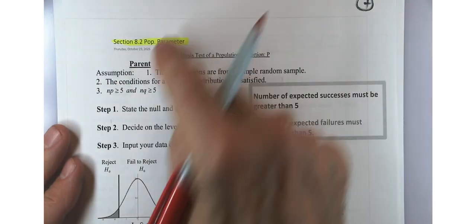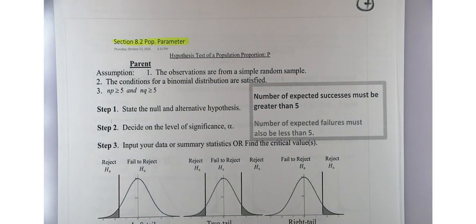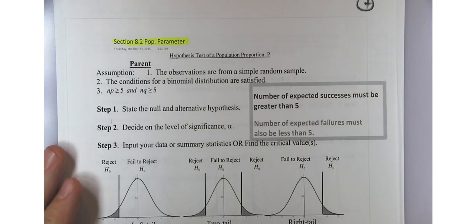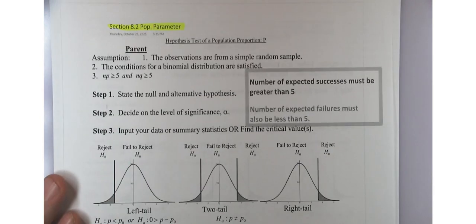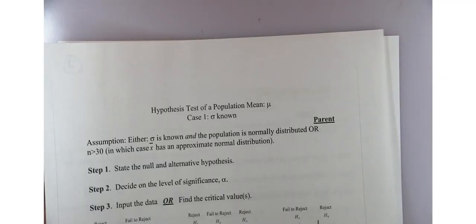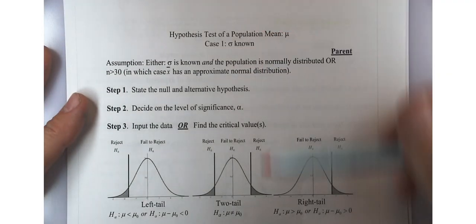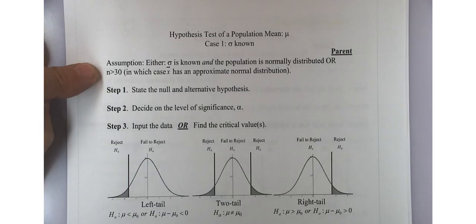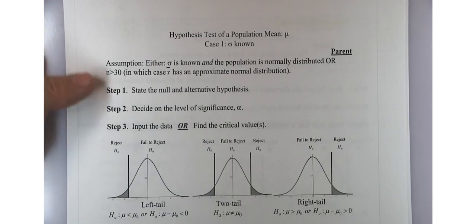Now, what I've got here is a generically framed hypothesis test, and we're going to be doing the same thing for population proportions that we're going to do for population means. We're going to take a look at some assumptions that need to be in place in order to do your hypothesis test.